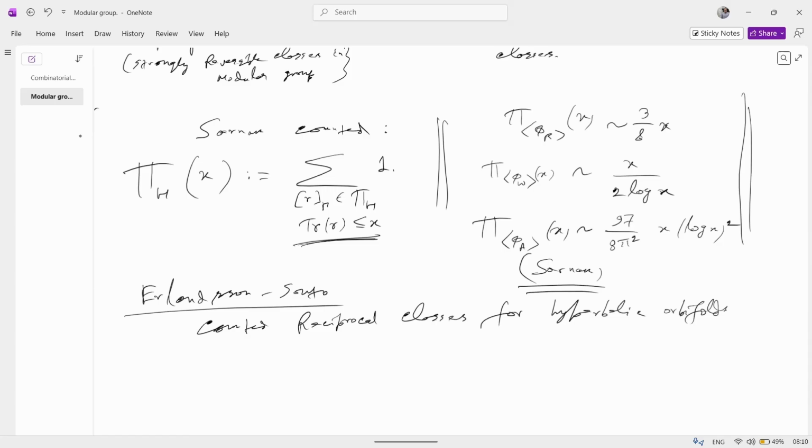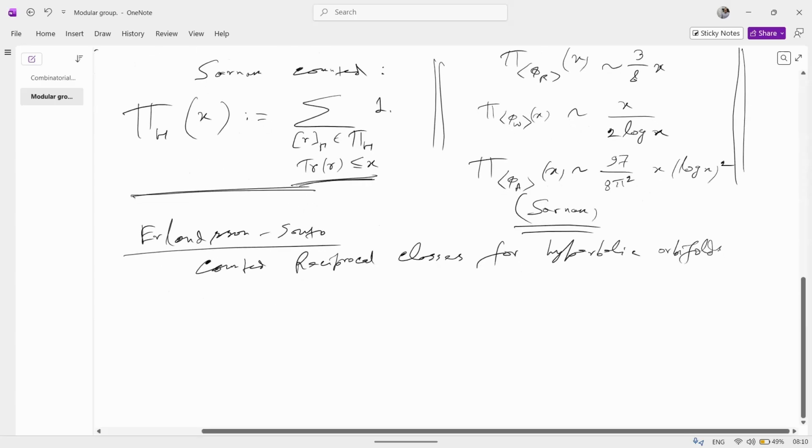Or you take any Fuchsian group with an order 2 element and take the corresponding hyperbolic orbifold surface. So they have counted reciprocal geodesics, this function, for all such groups.